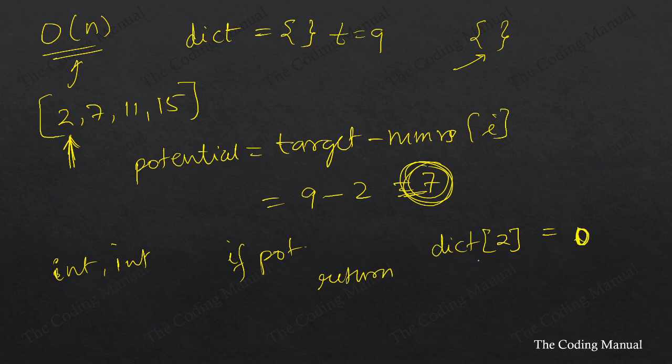In the dictionary we will use its value as a key and its index as a value. Like key value pair, key will be the nums of I and value will be its index.